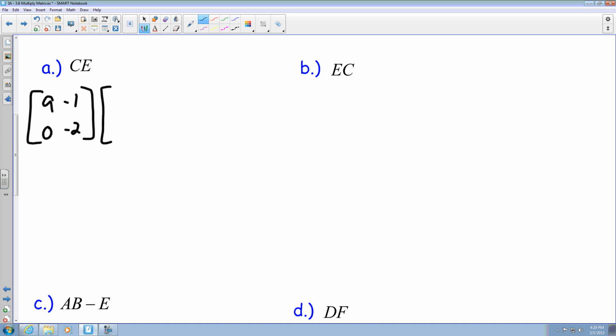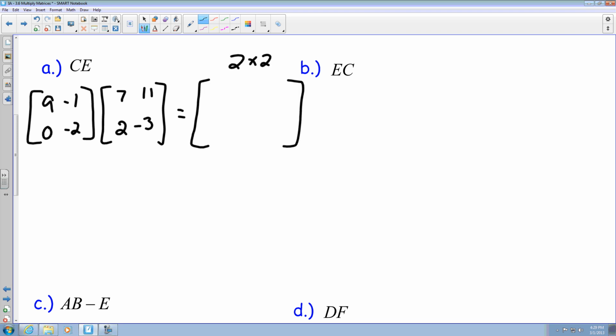And E is 7, 11, 2, -3. So when I multiply these together, I have a 2 by 2 and a 2 by 2, so I'm still going to have a 2 by 2 matrix here due to the outside values being 2.